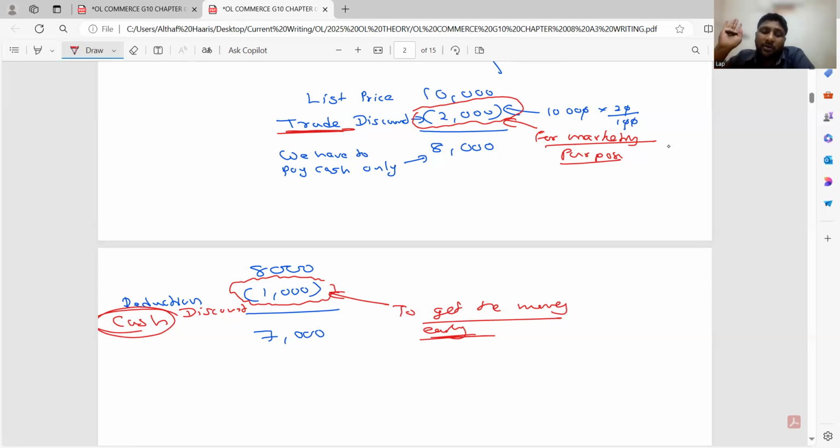Trade discount. To get the cash quickly, what is the name of that discount, students? Everyone tell me. Cash discount. So there are 2 types of discounts, people.